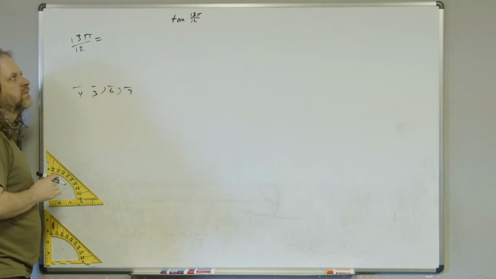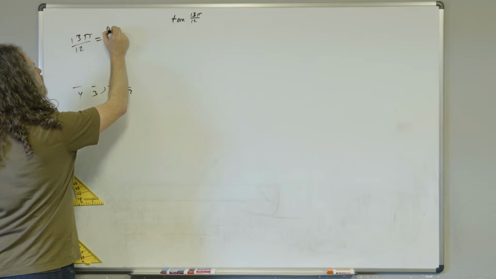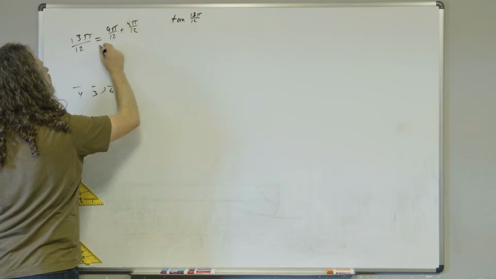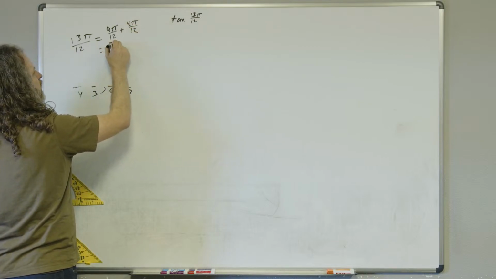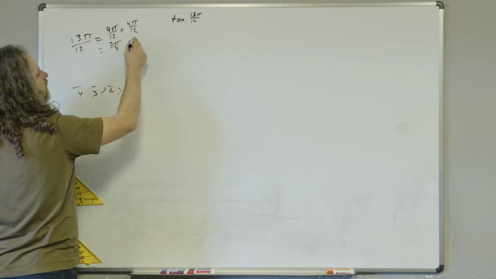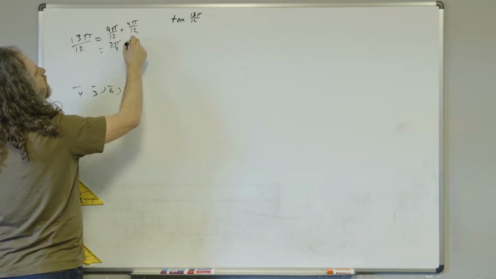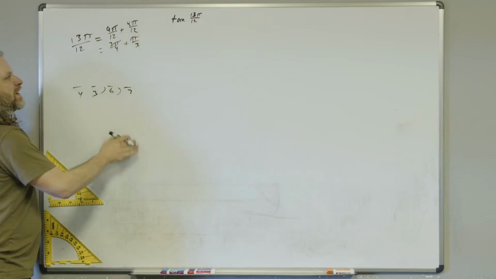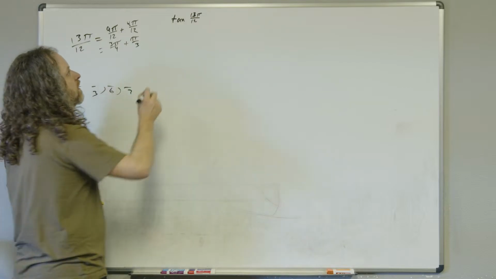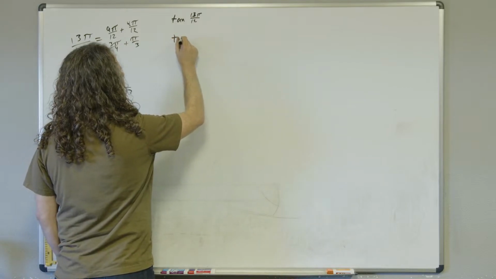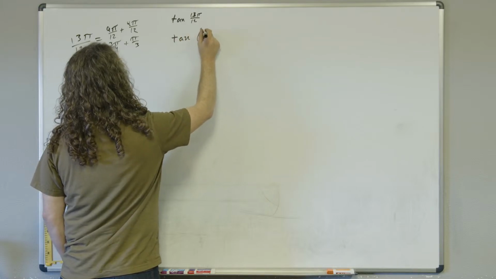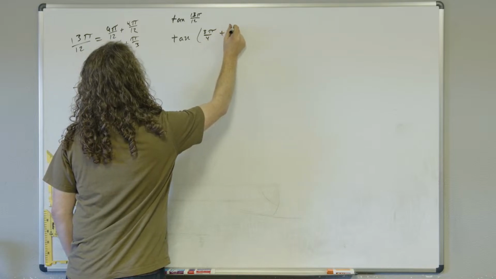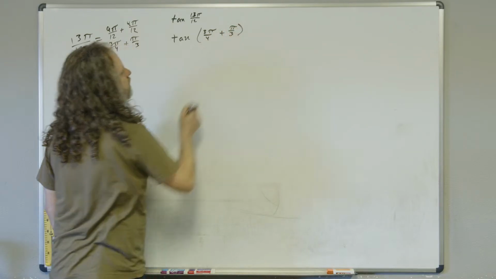I did 9 pi over 12 plus 4 pi over 12, which would equal 3 pi over 4 plus pi over 3. That has those denominators, so that could totally work. So let's turn this into the tangent of 3 pi over 4 plus pi over 3.